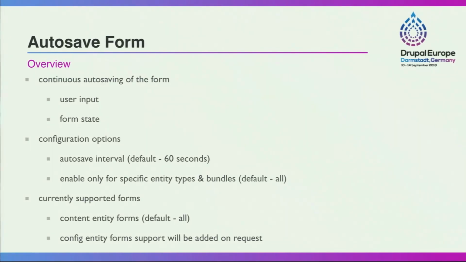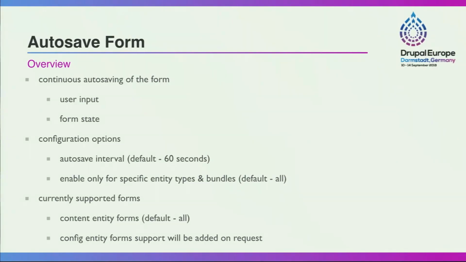We also need the current state of the form, which represents all the interactions that the user has made with the form, for example, edit new fields, drag and drop new entities, all that stuff that alters the form and its state. We need that in order to be able to reconstruct the form when the user wants to retrieve an autosave state.